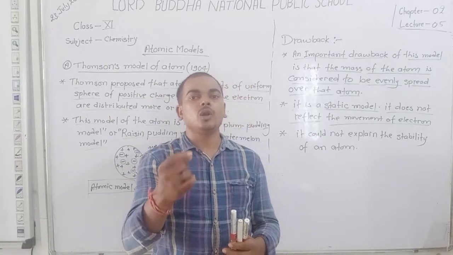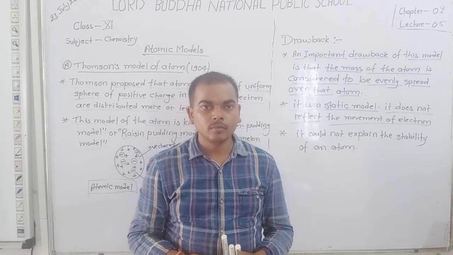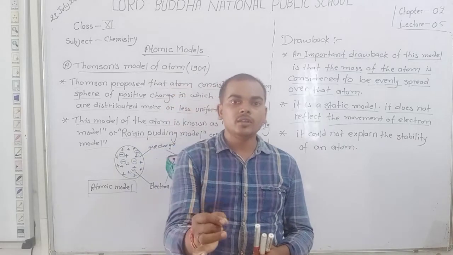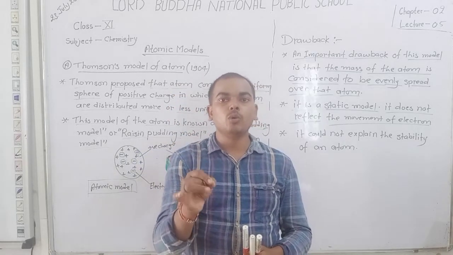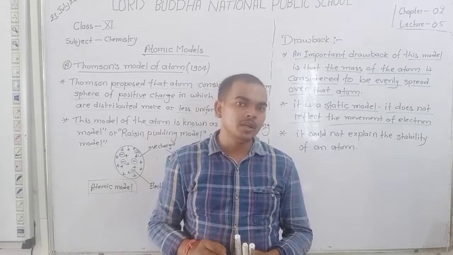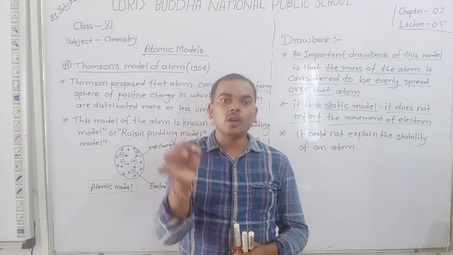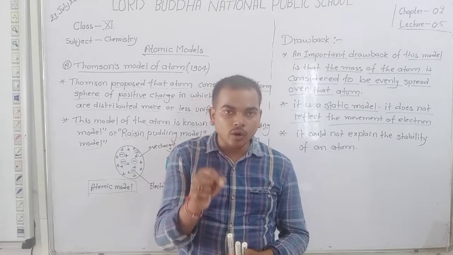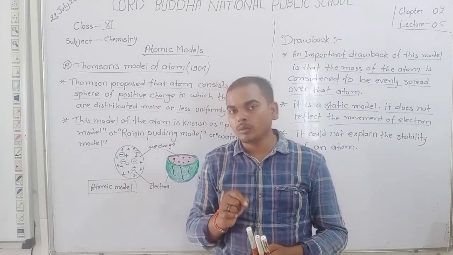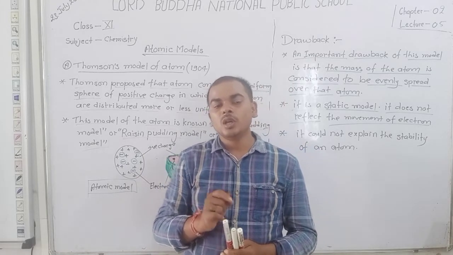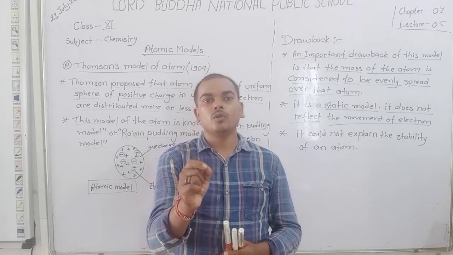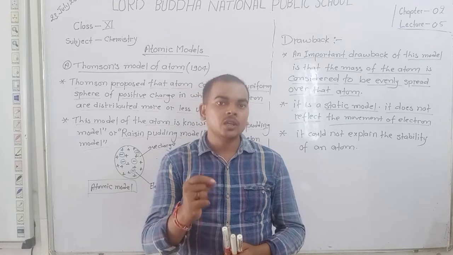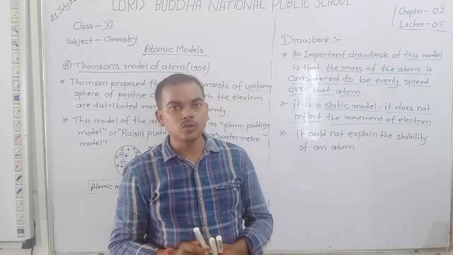He says only that the electrons are distributed more or less uniformly. It means electrons are static in atoms, whereas according to modern models of the atom, electrons revolve on their axis, clockwise and anticlockwise.